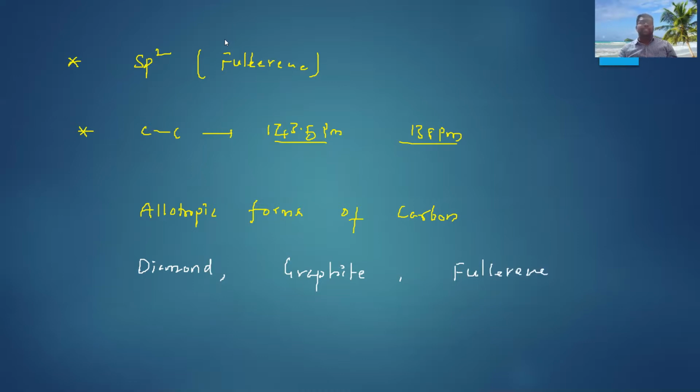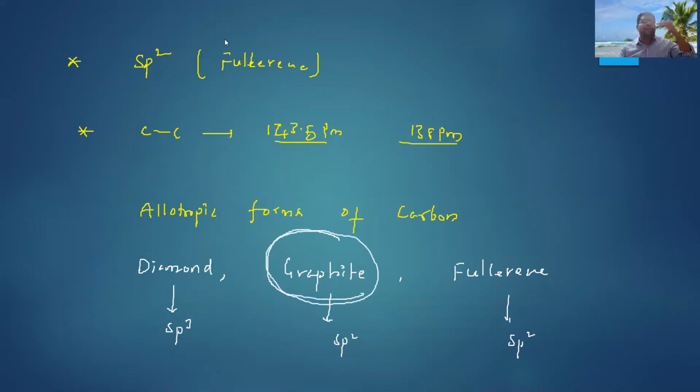Students, in diamond sp3 hybridization is possible. Here sp2 is possible, and here also sp2 is possible. Which one is the more stable allotropic form of carbon? Graphite is the more stable allotropic form of carbon compared to the remaining ones, diamond and fullerene. Right, on that point, graphite.